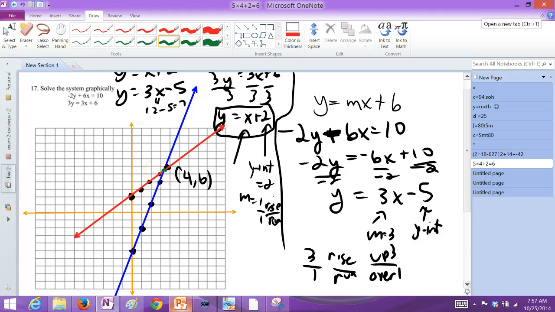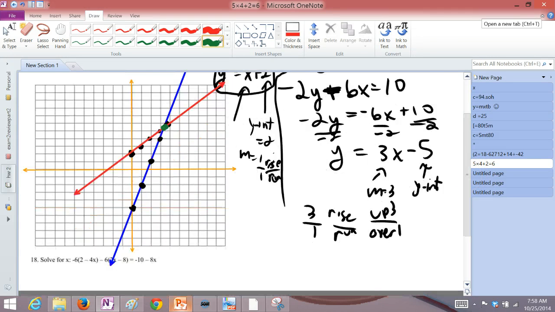So that's the point where they intersect. Wow. So maybe 3.5, 5.5. The only way to know for sure is to use algebra.